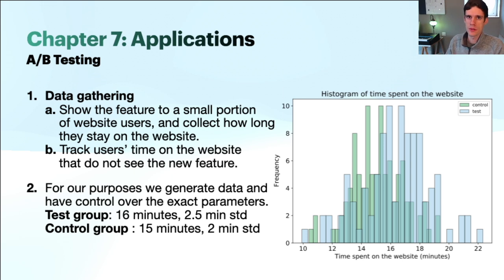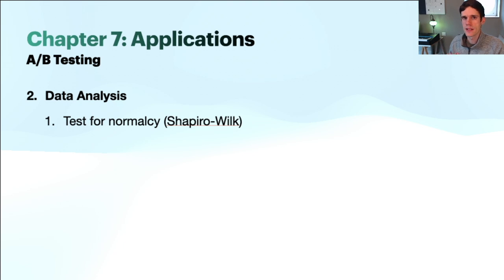So once you have your data, and once you have the problem very clearly stated, you can go to the second step, which is the data analysis. Now at this point, what we want to test for is whether the difference in means between our two samples, 15 minutes for the test group and 16 minutes for the control group, is indicative for the underlying populations.